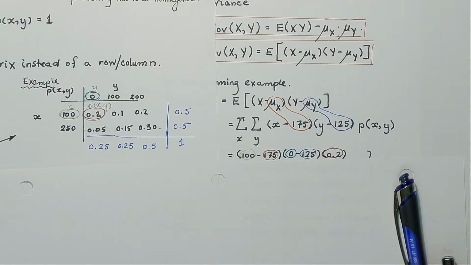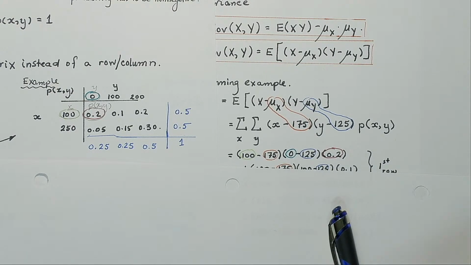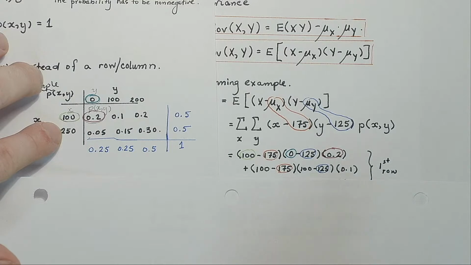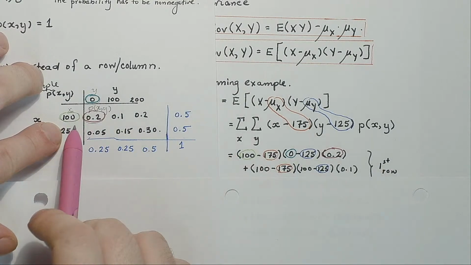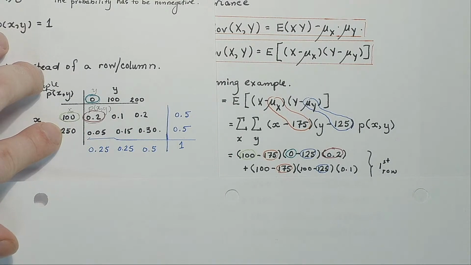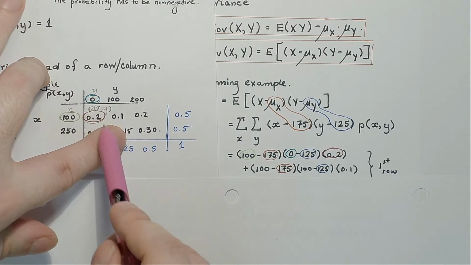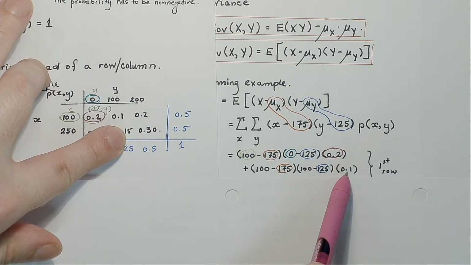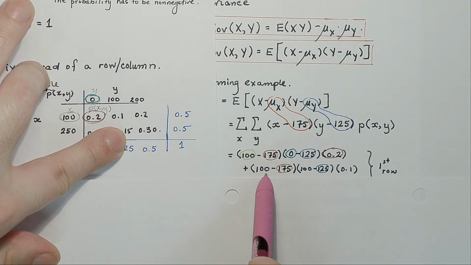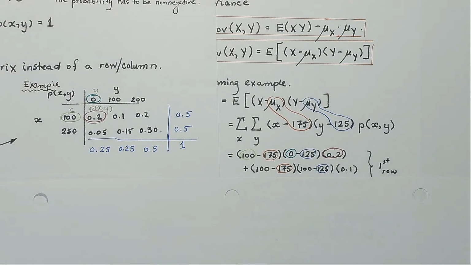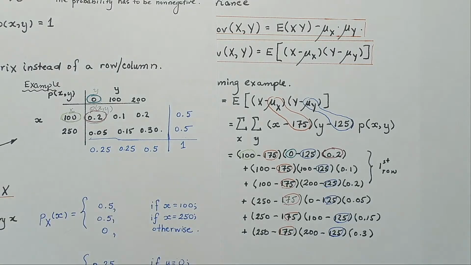So what you do then is I'm just working through the first row. So for that next one, I have 100, which is still the same here. And I want to do this one. So I'm looking at this value here. So that's the probability right there. And 100 is my x, and my y is 100 as well. Okay?